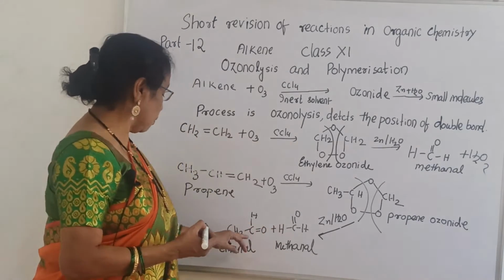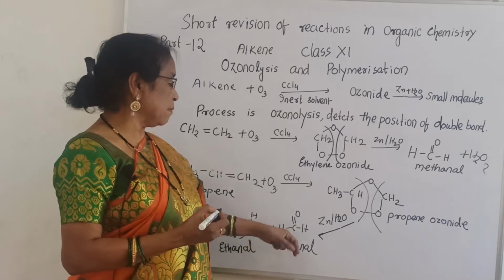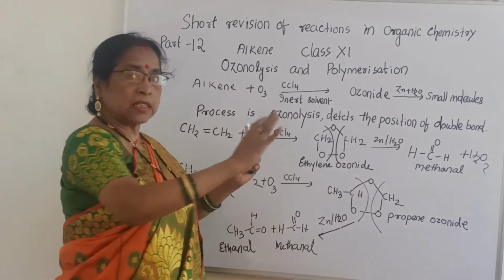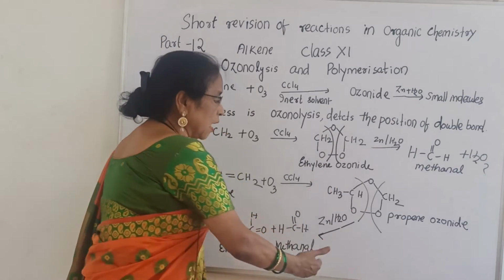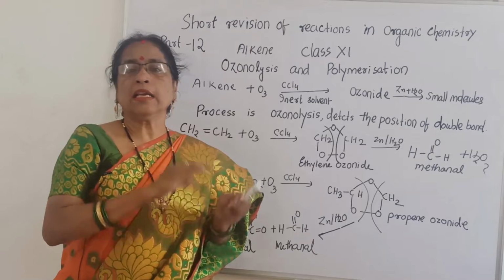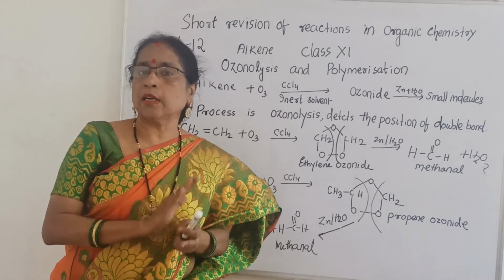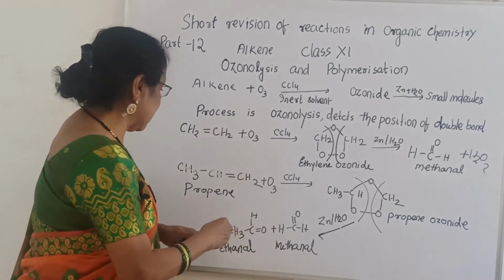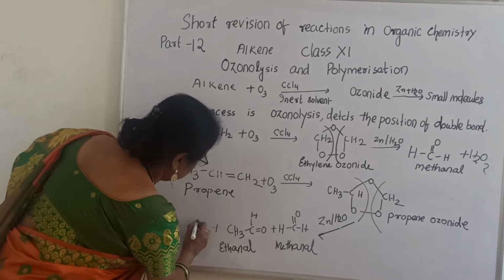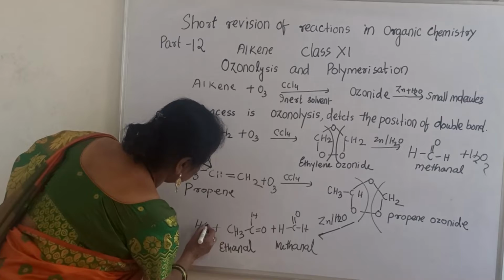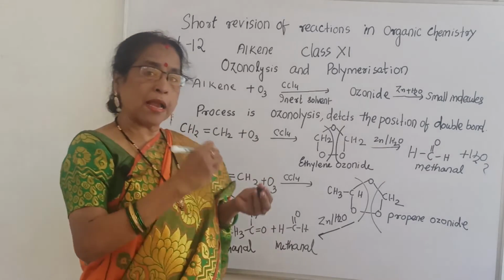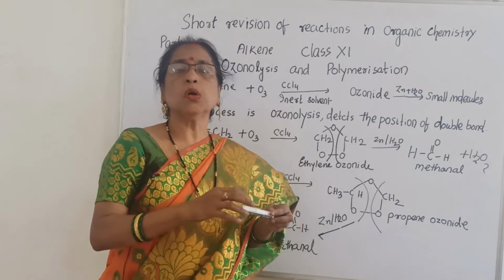So CH3CHO, ethanal, and methanal. Why is it methanal? Because when you break this one, it is HCHO. When you break this one, it is CH3CHO, ethanal and methanal. There are two main products. And what is the byproduct? Because oxygen is there, we will write H2O2. That means the byproduct is always H2O2.